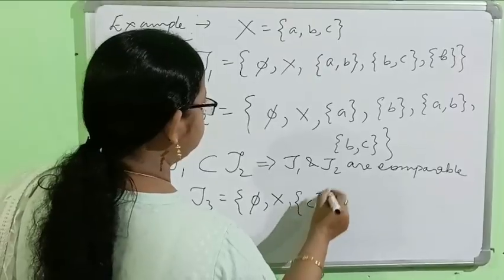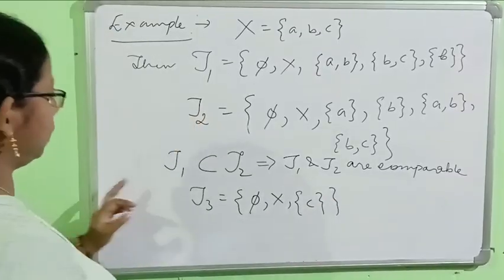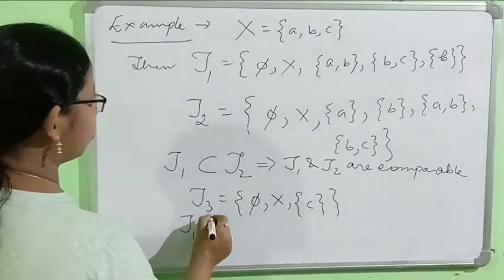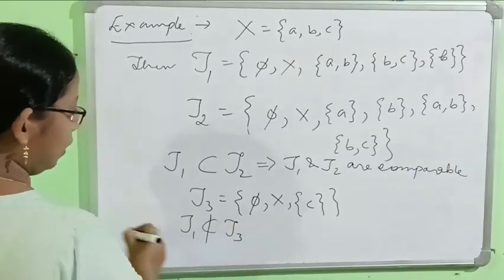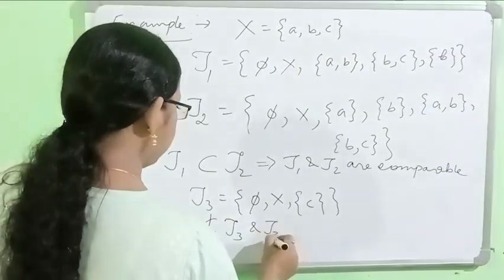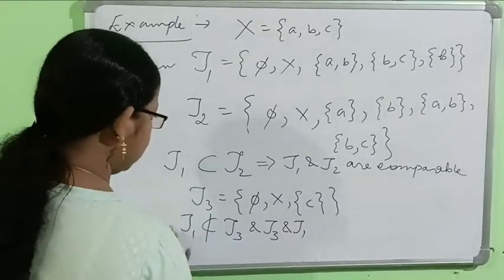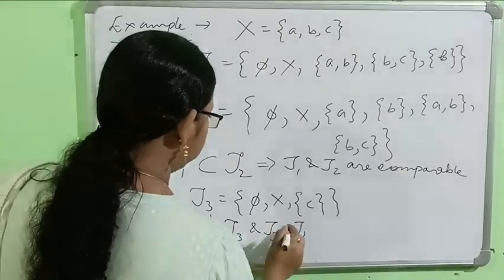then see this topology T1 and T3. T1 is not contained in T3, and T3 is not contained in T1.